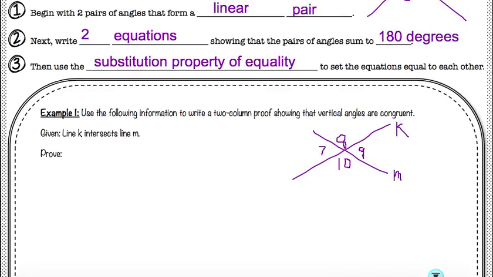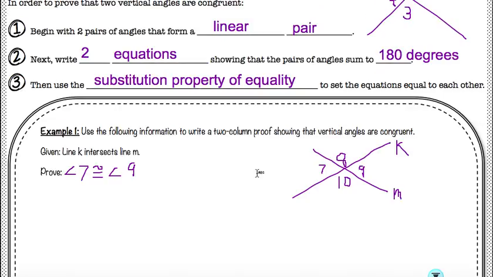Okay, and I am going to prove that angle 7 is congruent to angle 9. Okay, and we're going to go ahead and write the word proof.